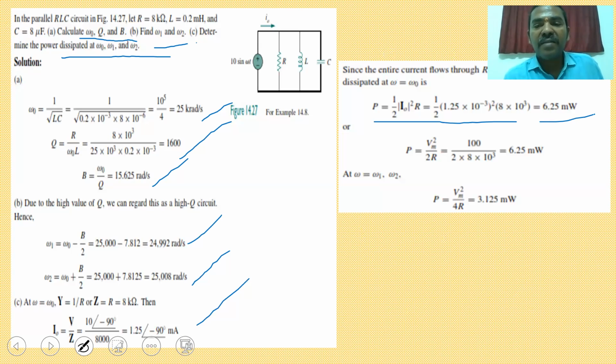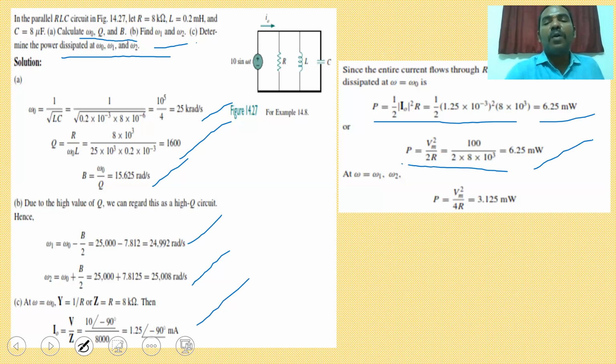Or you can use P is equal to Vm squared divided by 2 times R. Generally the power can be represented in terms of voltage, V squared by R, and here V squared divided by 2 times R. By substituting the magnitude value 10 squared divided by 2 into 8 into 10 power 3, we are getting 6.25 milliwatts only.